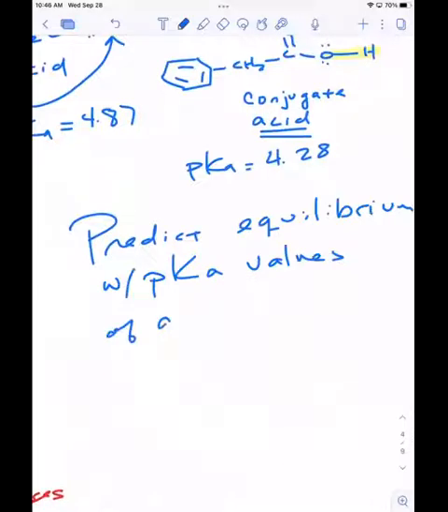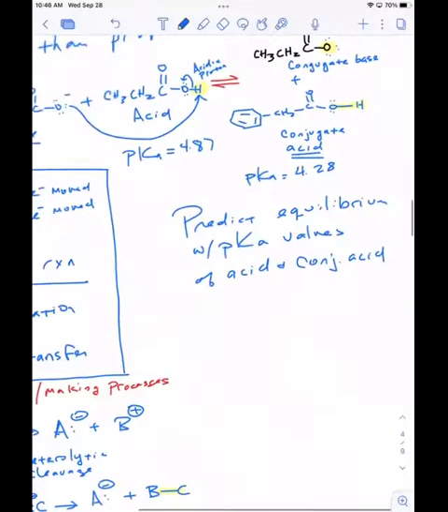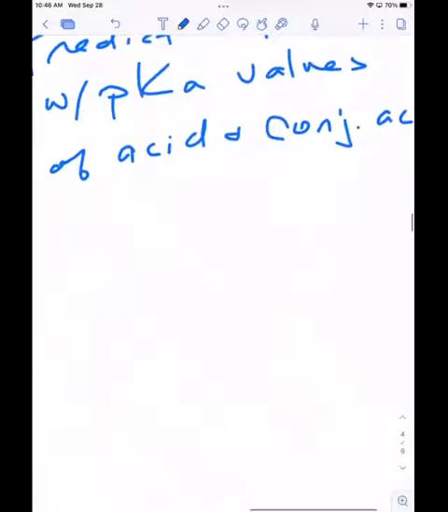So you need the values for the acid and the conjugate acid. Right. And this is how I teach this because it makes sense. I don't know how many of you have ever been on a playground with a seesaw.